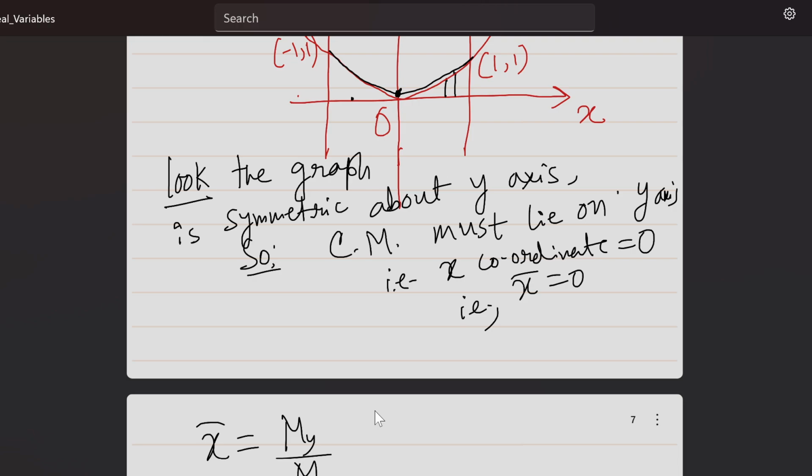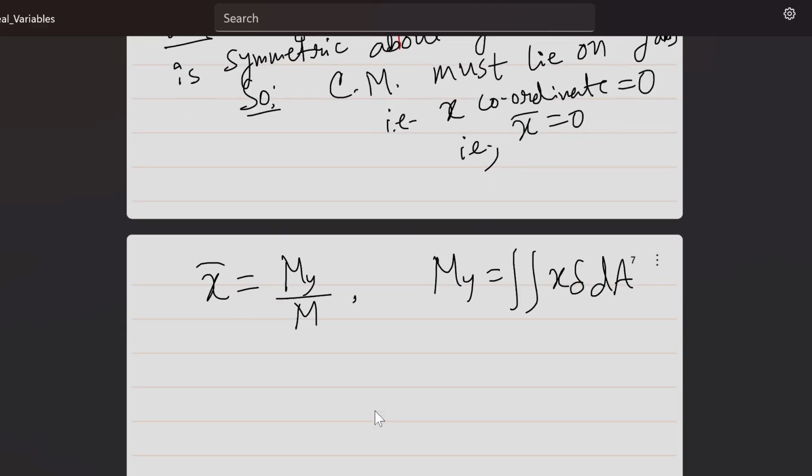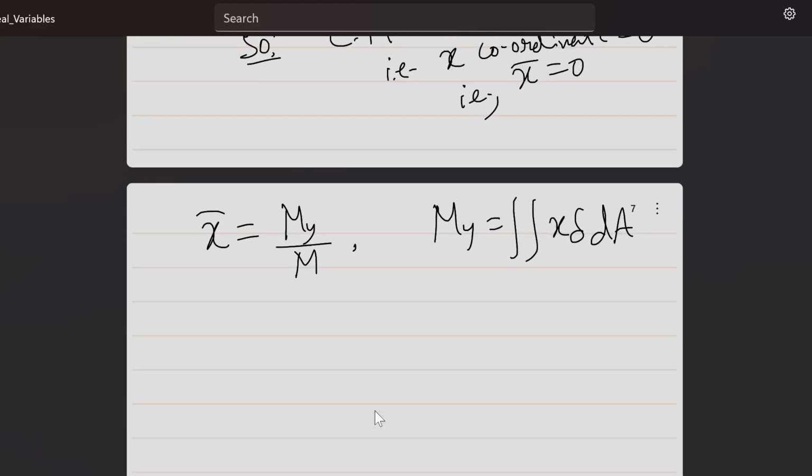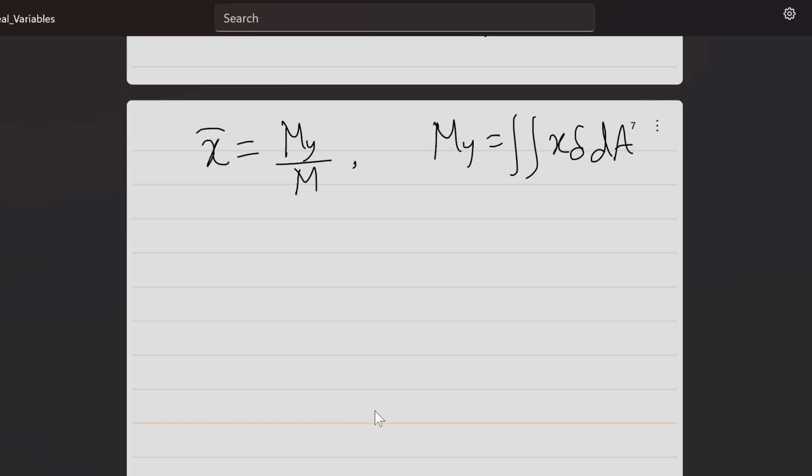So what is My? My is the integral of x into delta into dA. Now dA, I told you, take vertical, that means dy dx. For simplicity, horizontal you can take, but it will give you two integrals. You have to calculate two integrals and then sum.